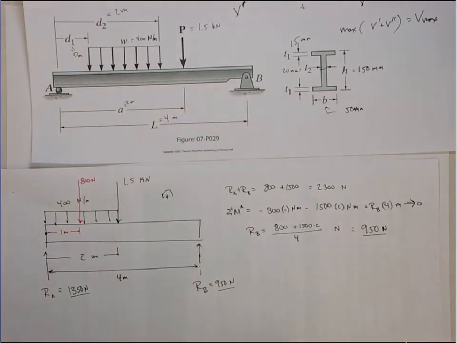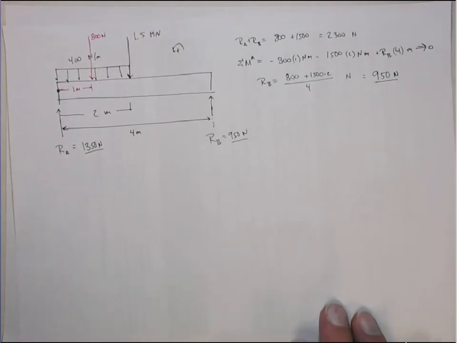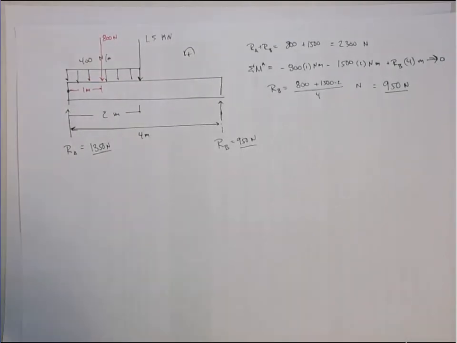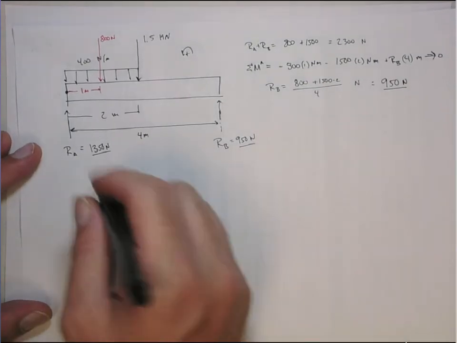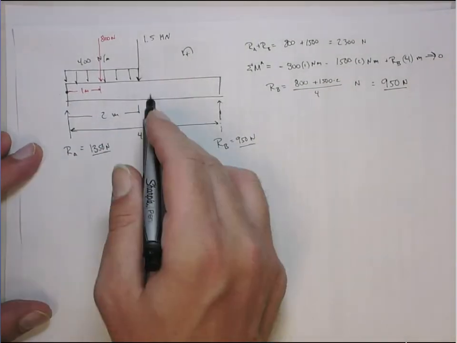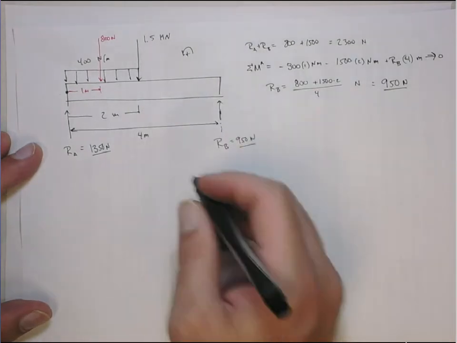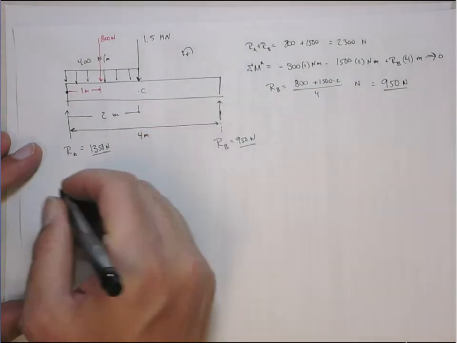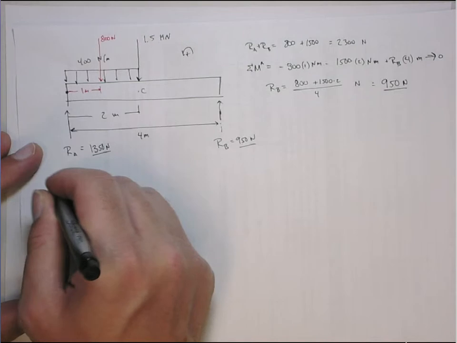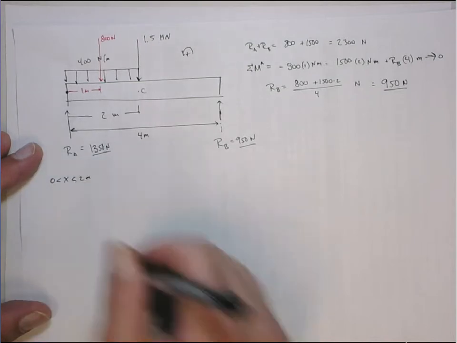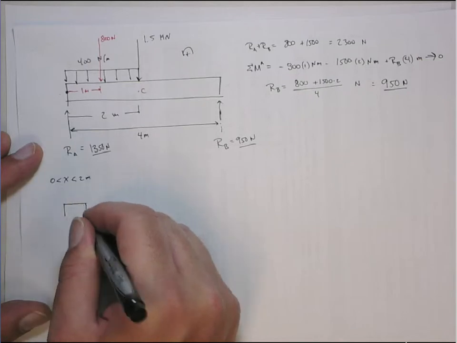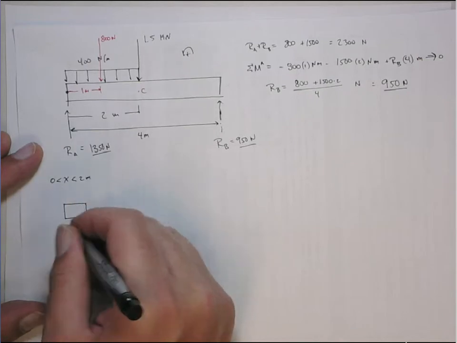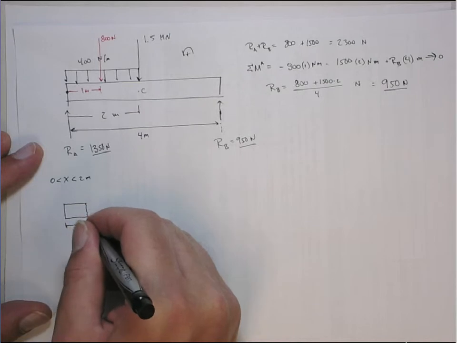Now we can do the shear diagrams, right? We only need to do the shear diagrams because this problem is only asking for the transverse shear. All right, so let's look at the shear diagram. Let's first look at it from point A to the mid span, call this point C. So from x from 0 to 2 meters, what's the picture we have? This distance here is x.